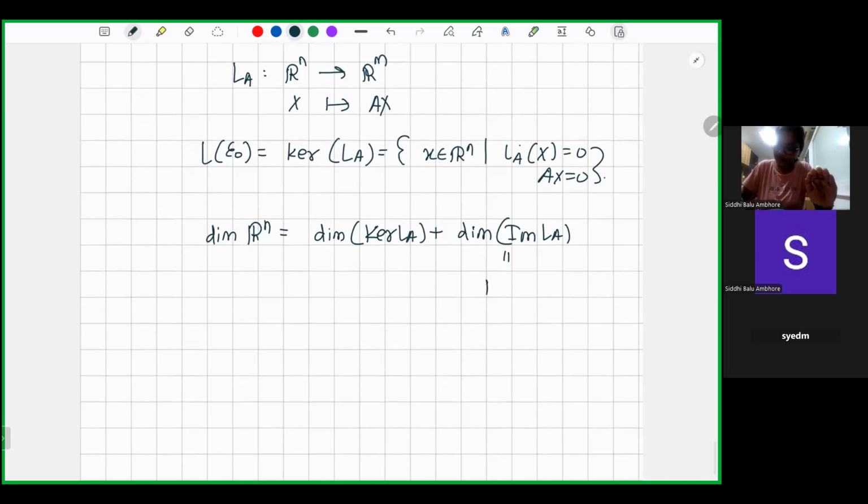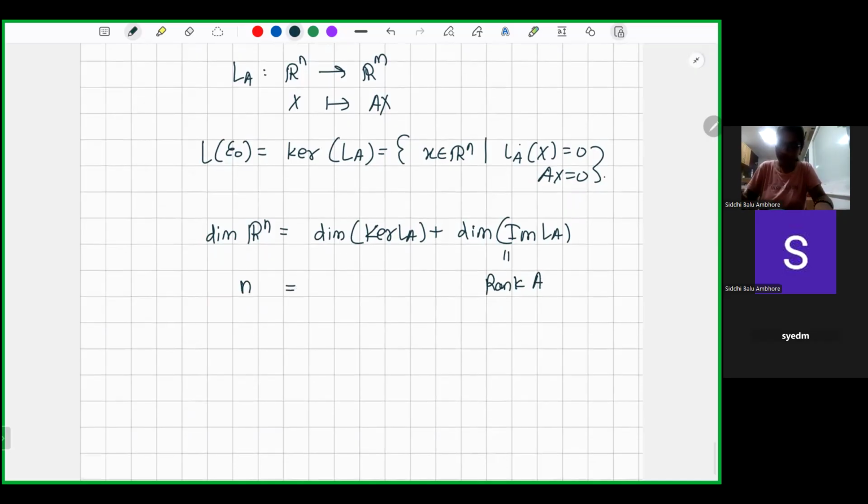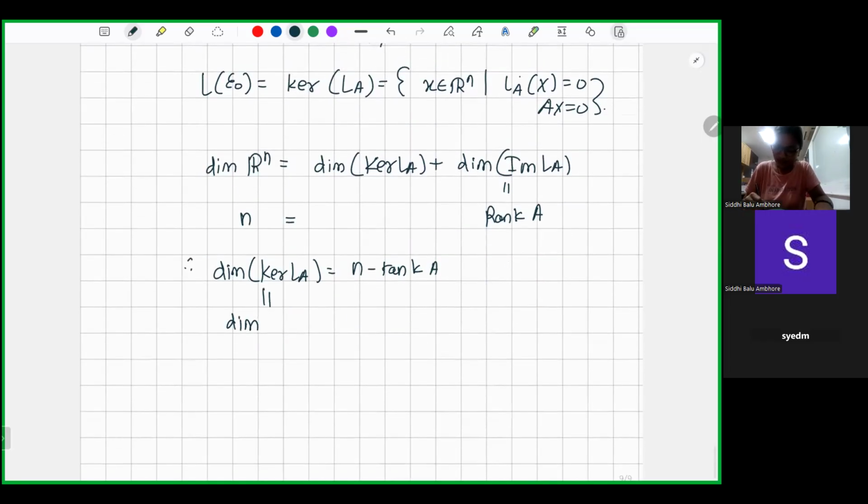And this is my rank of A, because the image is generated by LA. This is n, the dimension of Rn. Therefore, the dimension of the kernel of LA will be n minus rank of A. So that is equal to the dimension of L0, n minus rank of A.